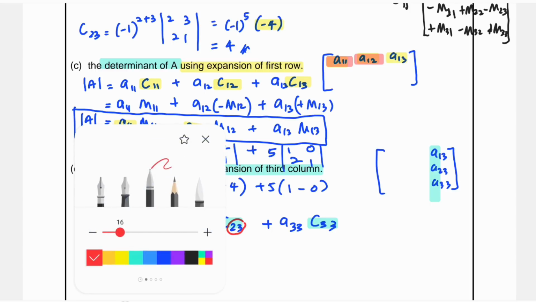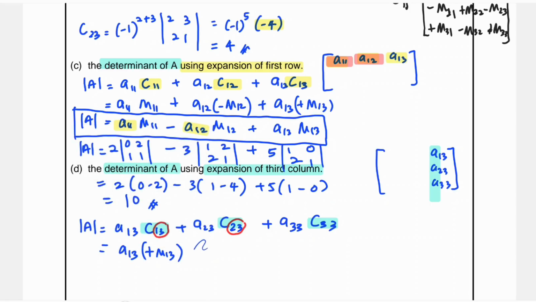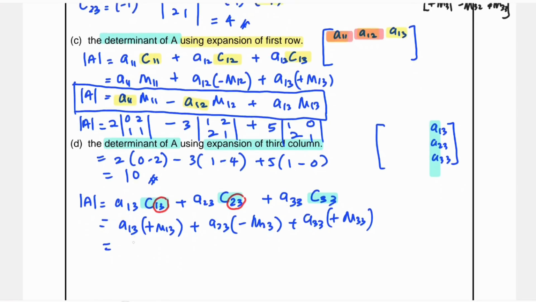It's a more simple way. So this one plus A23 multiplied with negative of M23 plus A33 multiplied with positive of M33. So it's equivalent to A13 M13 minus A23 M23 plus A33 M33.